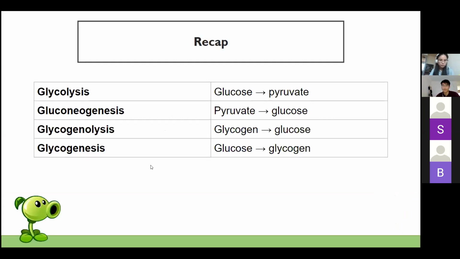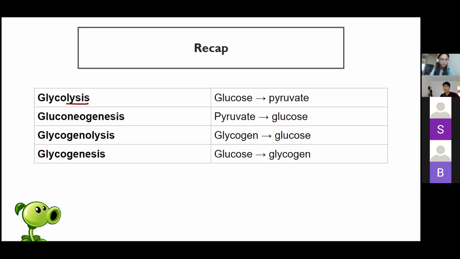Just a bit of a recap from last week. This is just some good terms to know. One thing that's important is the suffixes, so lysis and genesis. I think they'd be pretty helpful in helping you to memorize what those terms mean. Glycolysis: lysis basically means breakdown.